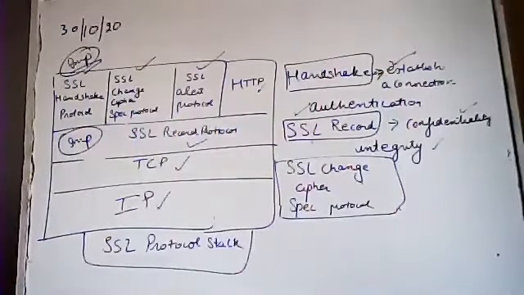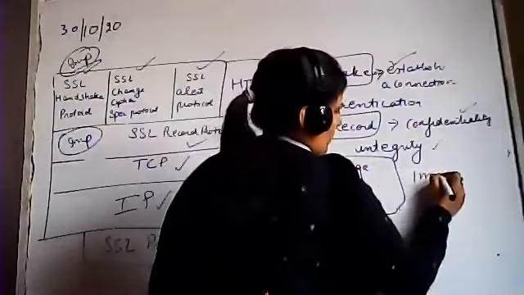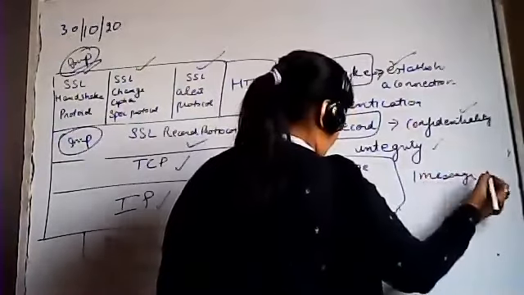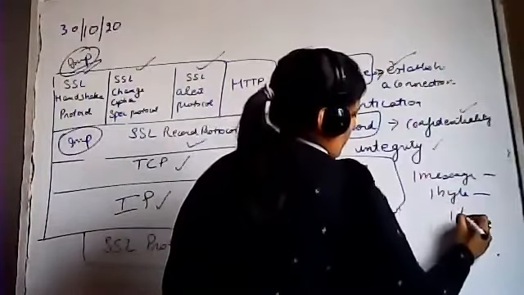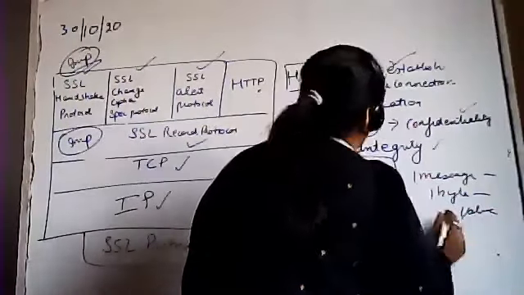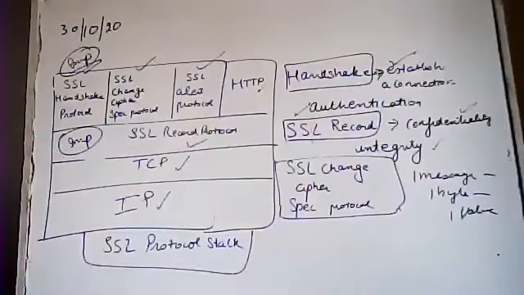Now how can we define this? It consists of one message. You just remember it like this: one message, one byte and one value. Everything is one in this protocol. This you can define in your SSL change cipher spec protocol.